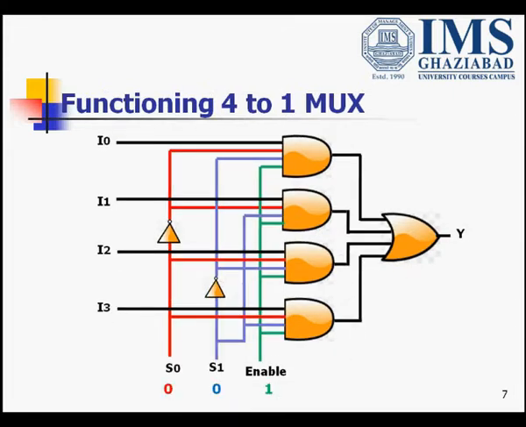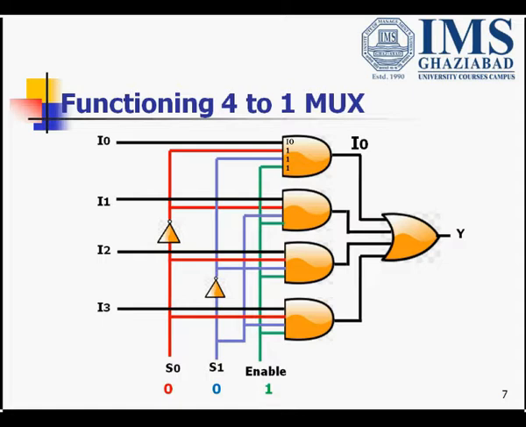Now here, say enable is 1, S0 is 0 and S1 is 0. The input for AND gate would be I0, 1, 1, 1. The output would be I0, because the output now depends on the value of I0, all the other inputs are 1.